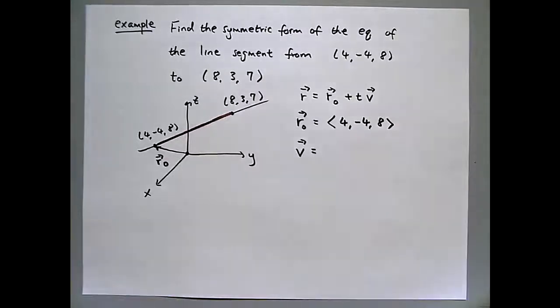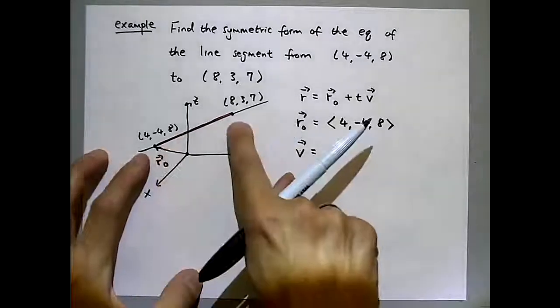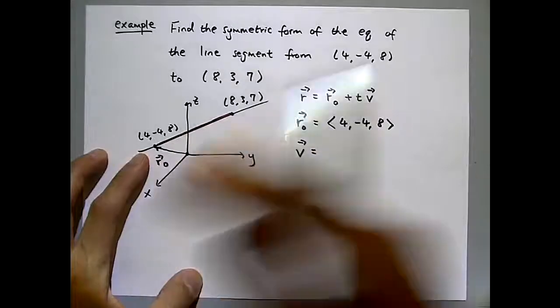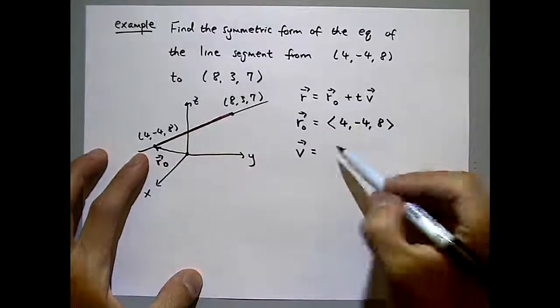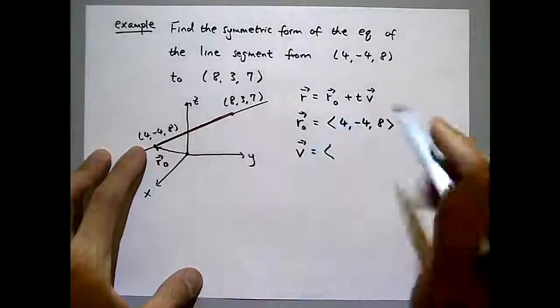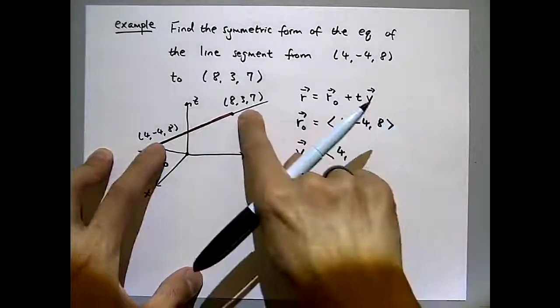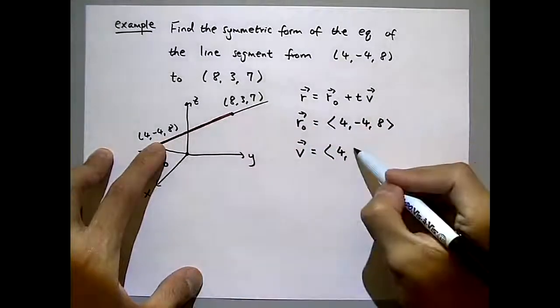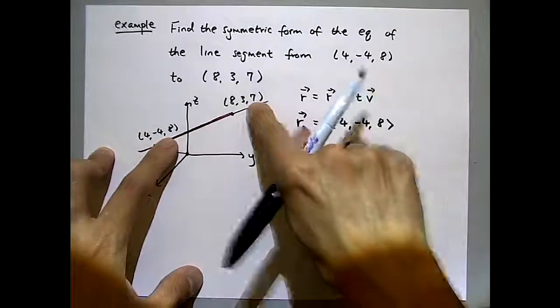What about v? How would you find v? Yeah, the vector going from here to here, right? So the difference of x, y, and z, that's the vector. Very good. So we need 4. This is 7, right? And then -1.